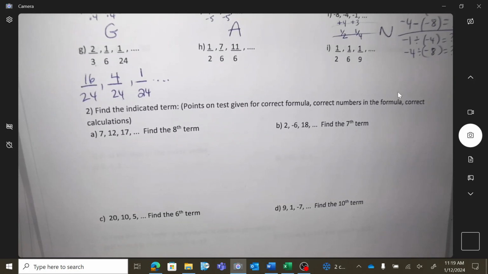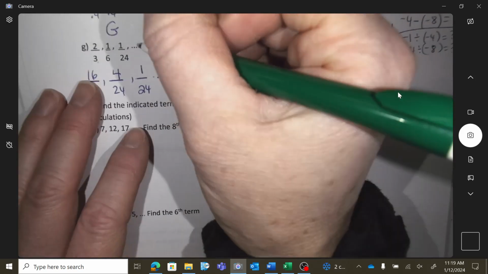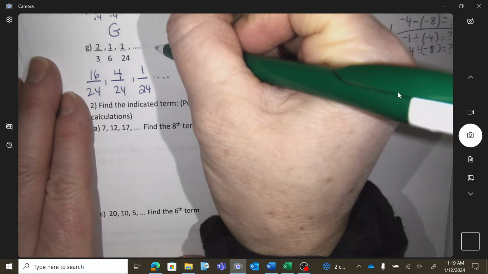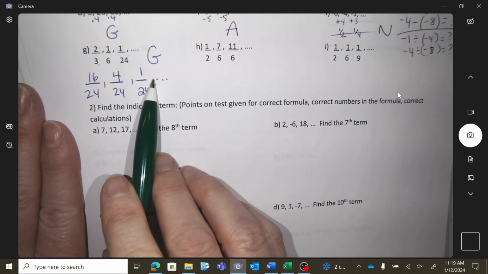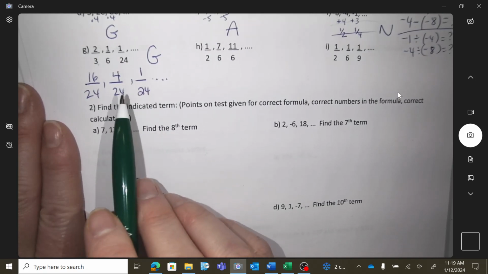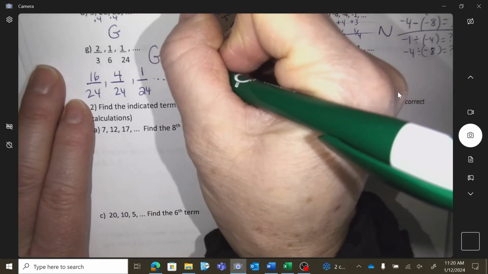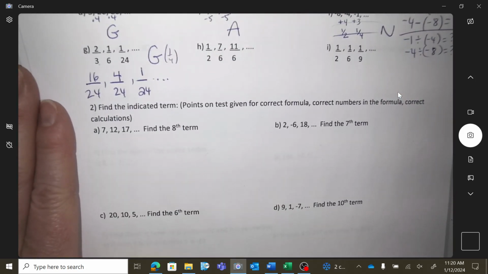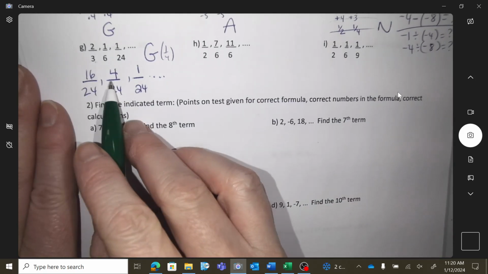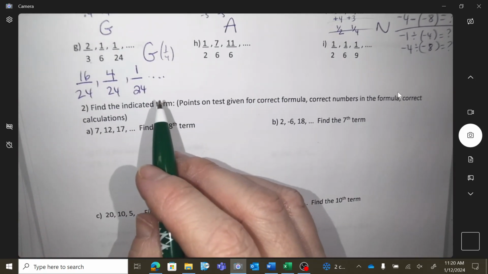Is there a pattern? Yep. Do you see the pattern? Would you call it geometric or arithmetic? Geometric. It's a quarter. 16, 4, 1. That's a quarter of its previous. Yep. When something ever goes down, right?